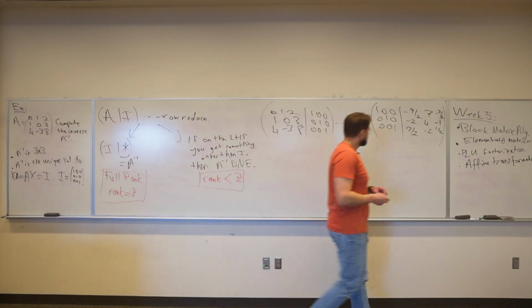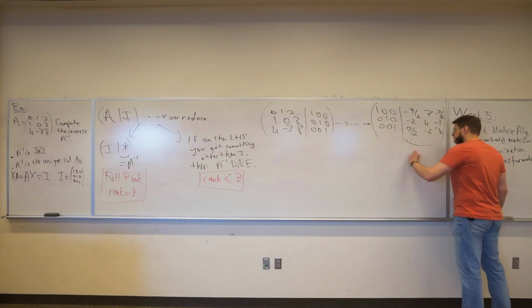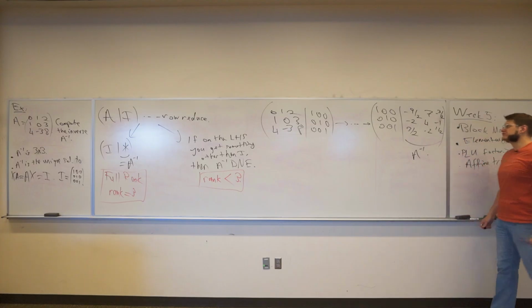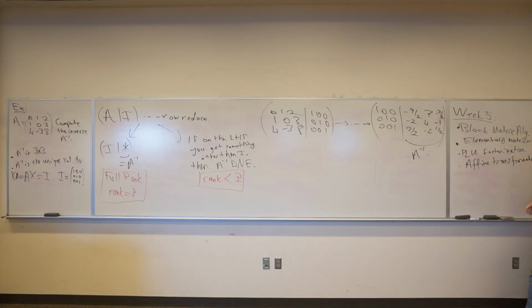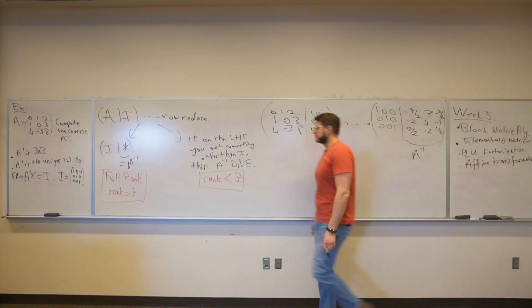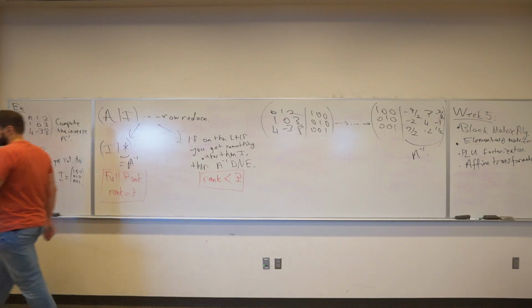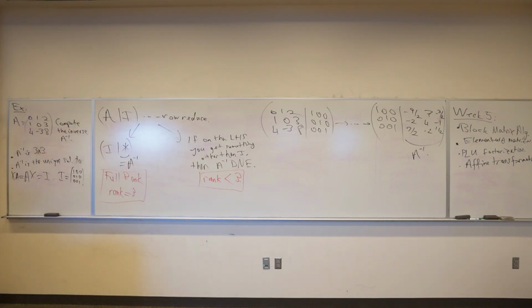Okay, so got this, and so this is A inverse. In other words, just like how we could check that our row reduction was correct, that we could solve the system, to verify, you just plug into this equation, for instance.